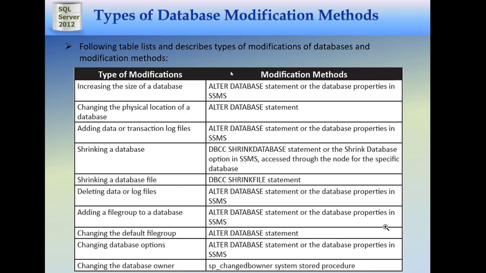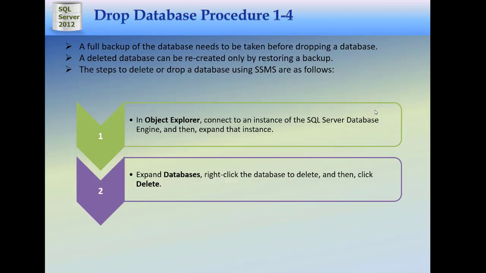Adding a file group to a database, alter database statement or the database properties in SSMS. Changing the file group, alter database statement, and we have changing the database option, alter database statement or the database properties in SSMS. And we saw that changing the database owner, you use the sp_changedbowner system stored procedure.